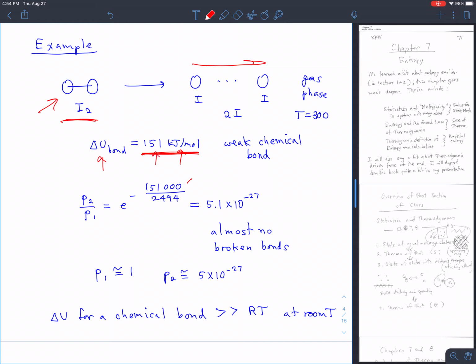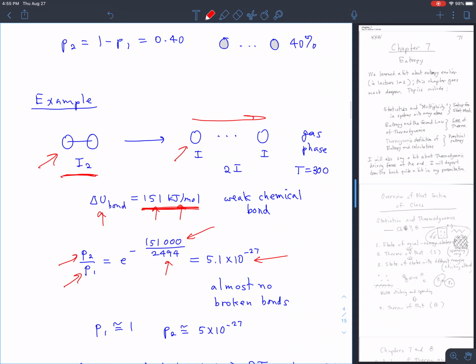If we plug that into our formula, delta U is 151,000 over RT, 2494, and that gives a value of 5 times 10 to the minus 27. In other words, probability P2 here is 10 to the 27 times smaller than probability P1. That means, in principle, you can see this broken state, but boy, it's really improbable.